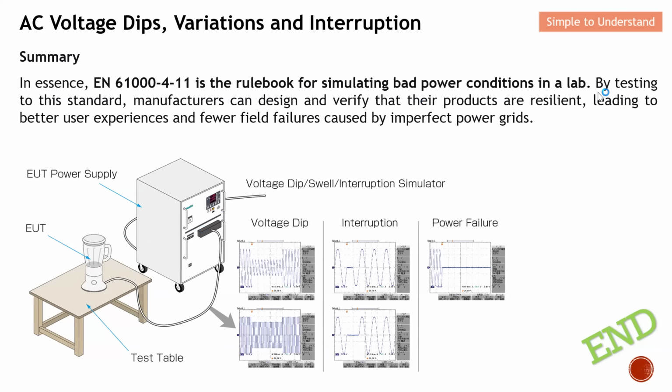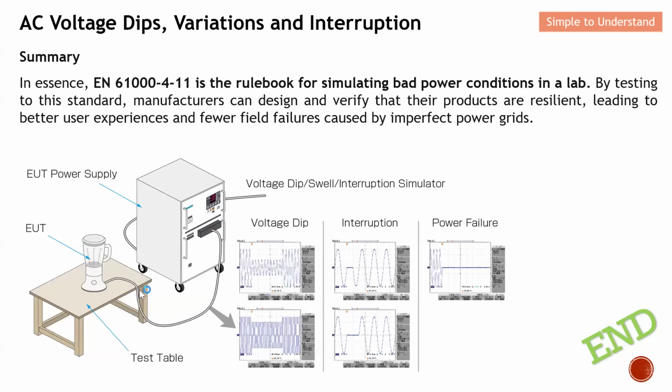By testing to this standard, manufacturers can design and verify that their products are resilient. This leads to a better user experience and fewer field failures caused by imperfections of the power grid. So you can see why we need to do this test, EN 61000-4-11: the power supply provided by the generator may not be clean continuously.